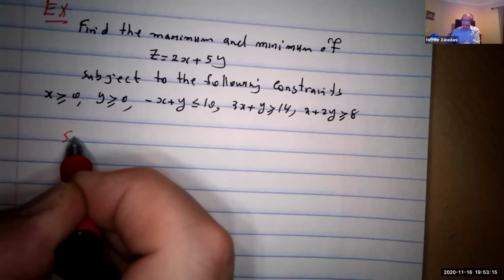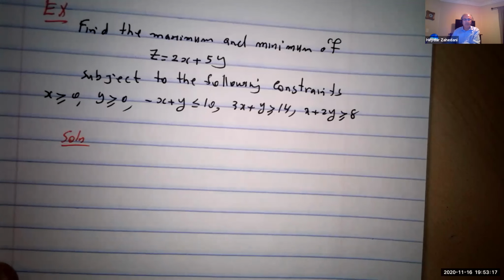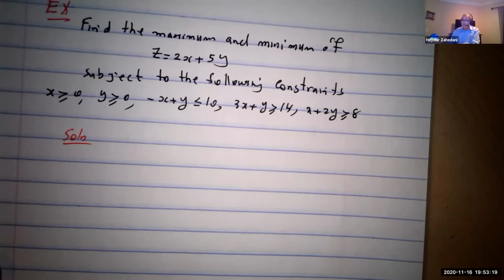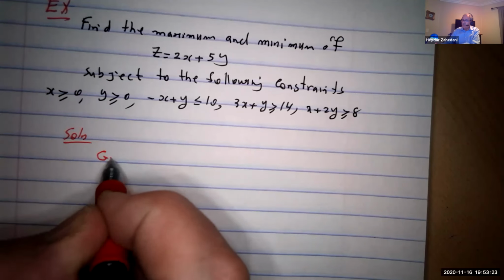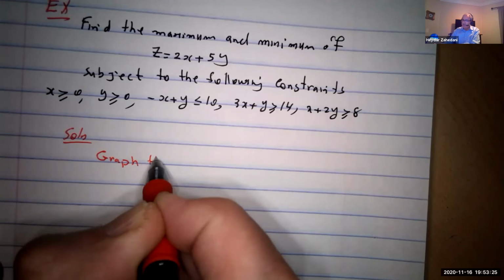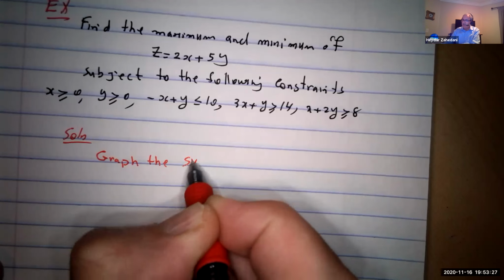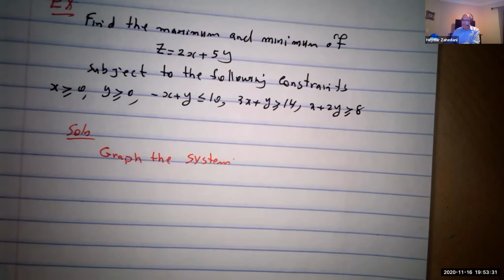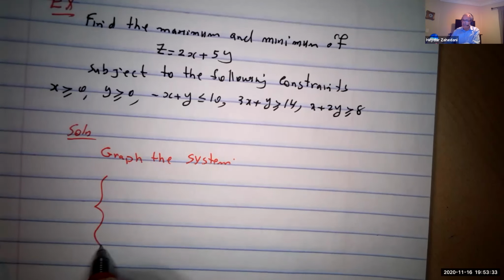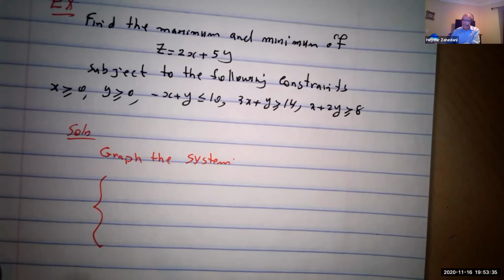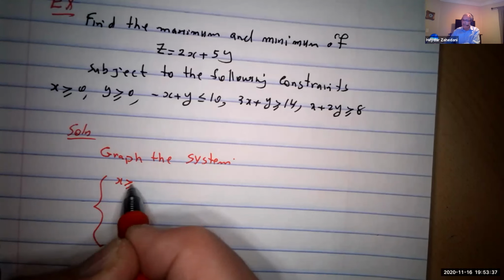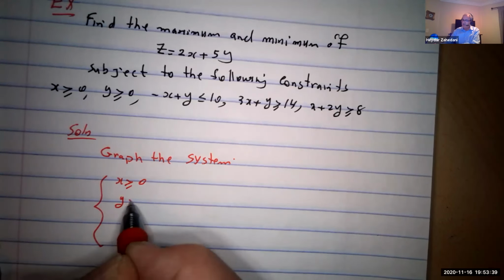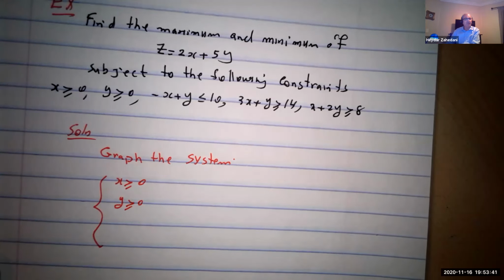So we are going to consider this system, and we're going to graph the system. What is the system? The system would be x greater than or equal to 0, first quadrant, y greater than or equal to 0.